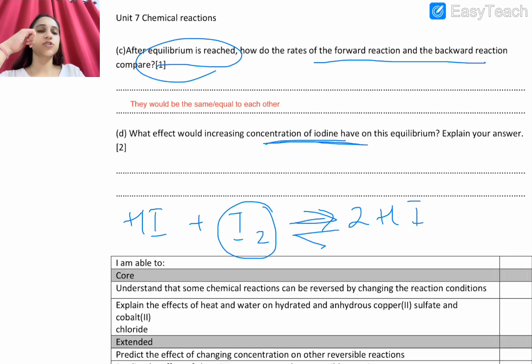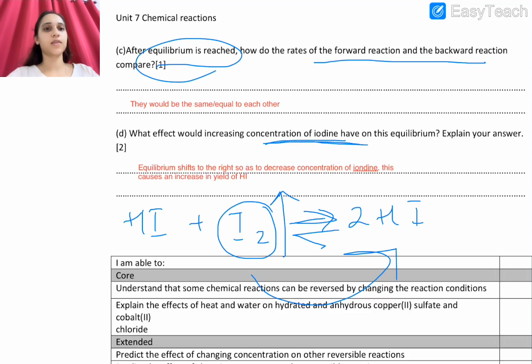Increasing iodine concentration, equilibrium will want to oppose it, so go against it. So it will want to decrease iodine concentration. How does it decrease it? It will favor the forward reaction. So it will shift the equilibrium to the right hand side so as to decrease iodine concentration.